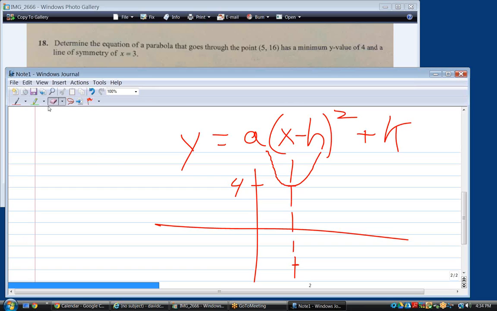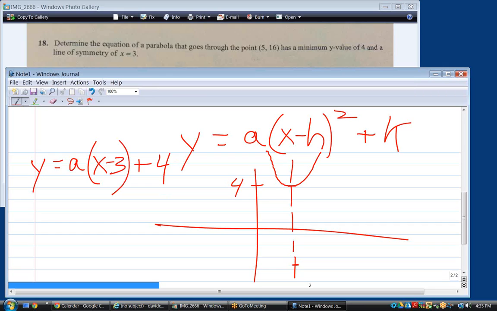Of our general equation, how much can I fill in at the moment? H and K, so a lot of it. So x minus 3, plus 4, there's H and K. Now how do I solve for A?